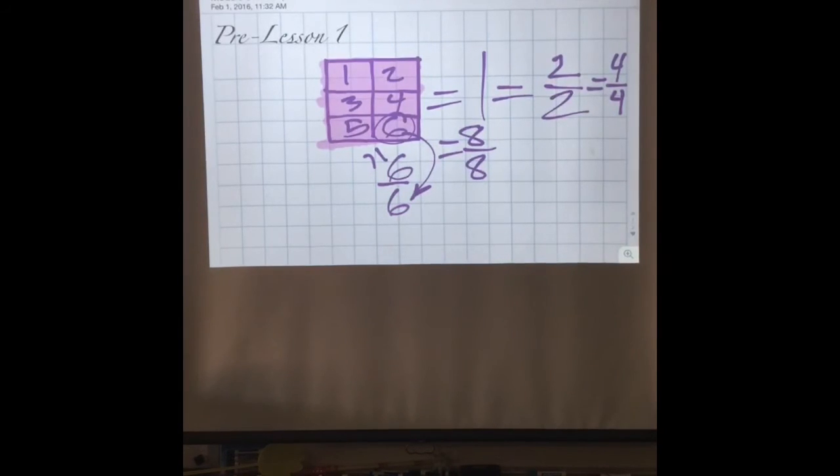It's not too hard, is it? As you can see, one whole equals whatever we cut it up into, right? Does that make sense? So, shall I do one more? Just because we can.